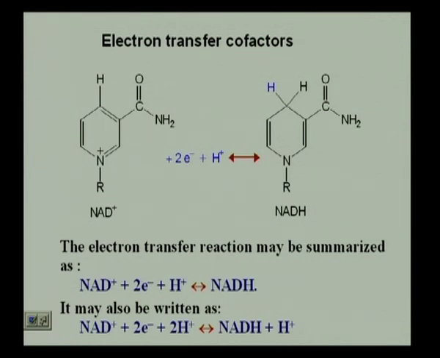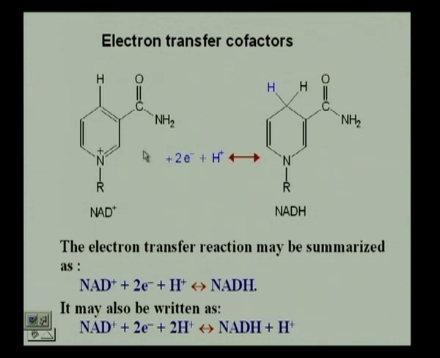We have looked at two of these already. NAD plus going to NADH is an electron transfer reaction that can be written as NAD plus, 2 electrons, plus a proton going to NADH, or alternatively as NAD plus, 2 electrons, plus 2 protons going to NADH plus H plus.